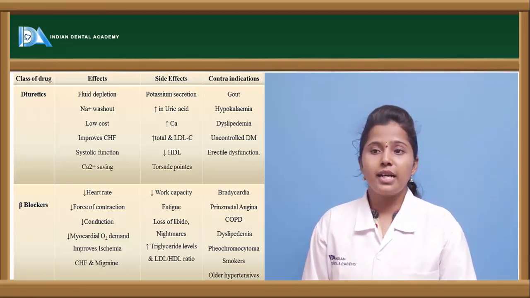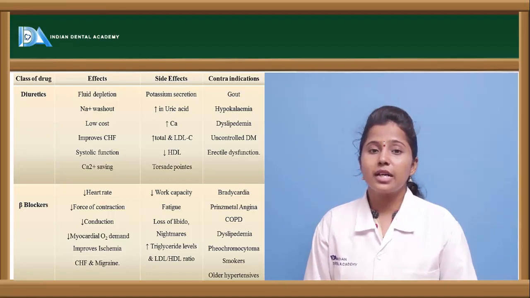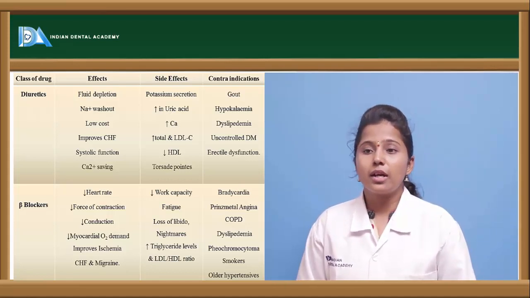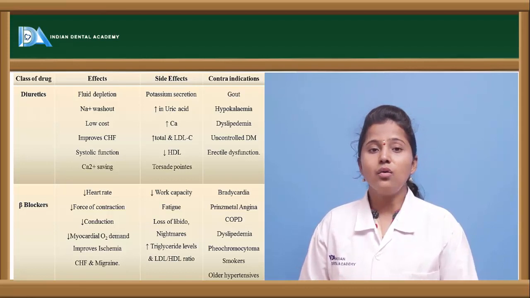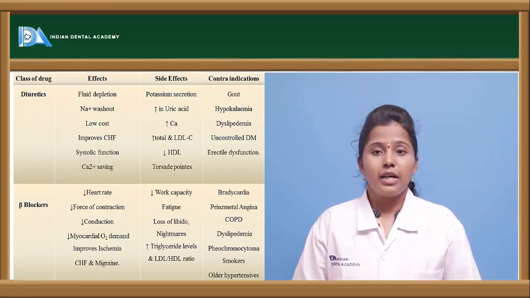And contraindications: when diuretics are not to be used. They are not to be used in gout because gout is a result of deposition of uric acid crystals in the synovial fluid.